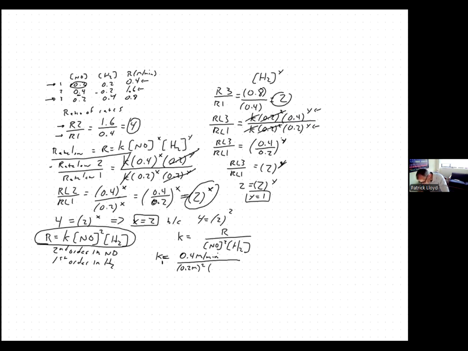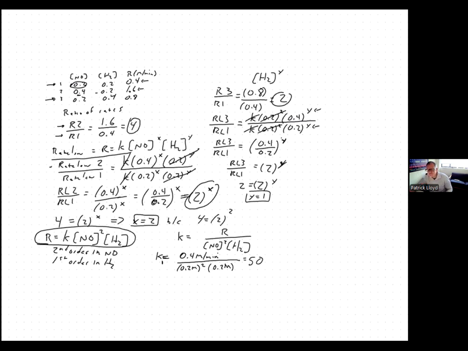Again, this is trial 1. So if you take 0.4 and divide that by 0.2 squared, and then also divide it by 0.2, you should get 50.